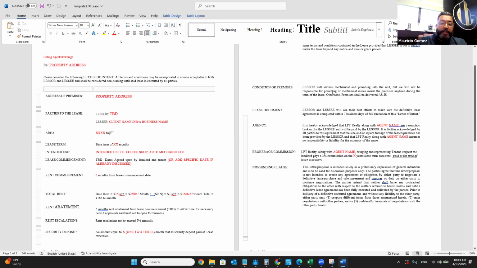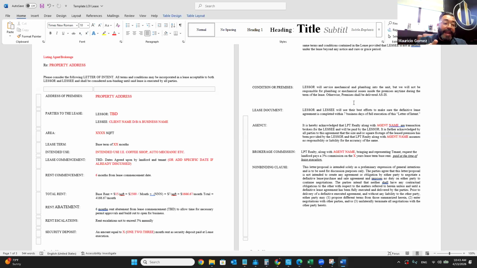So this is very standard verbiage. Lessor will service mechanical and plumbing into the unit, meaning the landlord, if they're not individually metered, is handling the mechanical and plumbing into the unit, but will not be responsible for plumbing or mechanical issues inside the premises. Usually, the tenant is the one that has to handle that and has to do regular maintenance on the plumbing, on the mechanical, and on the AC.